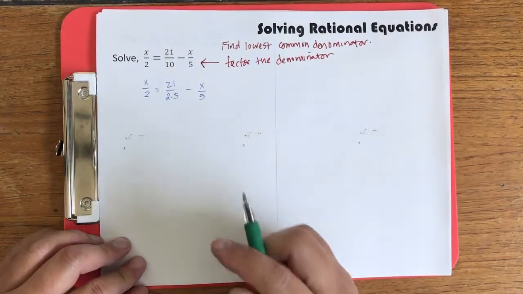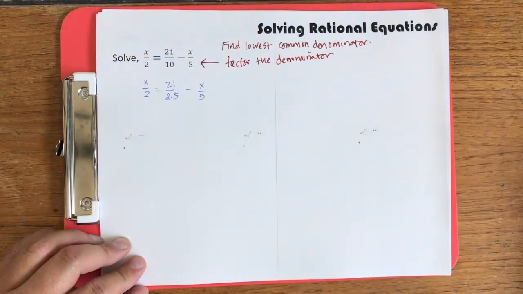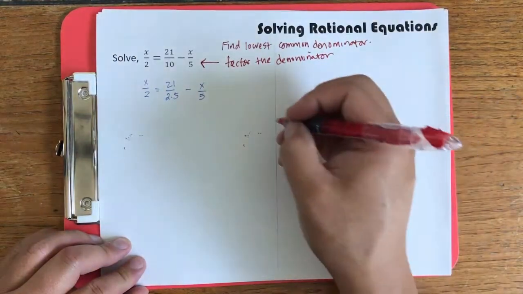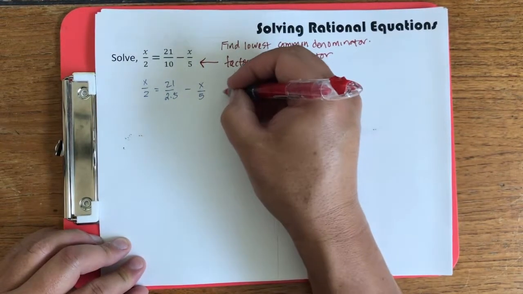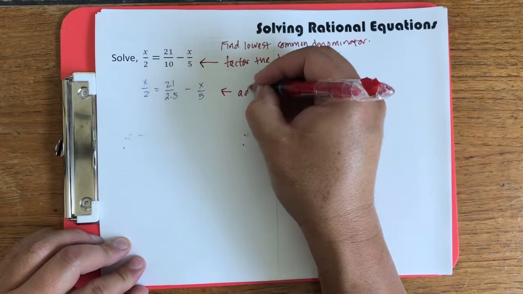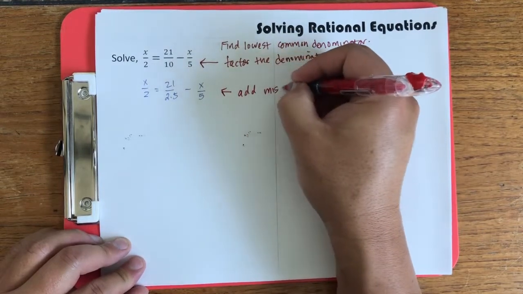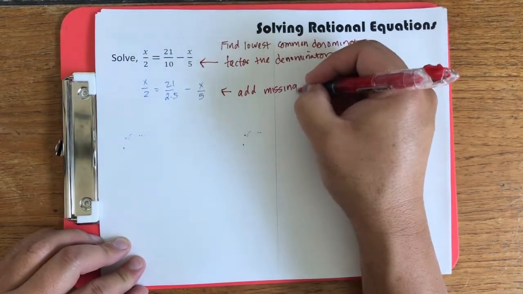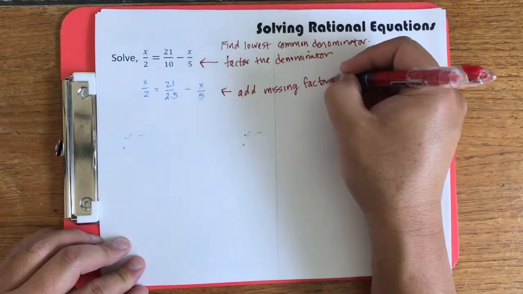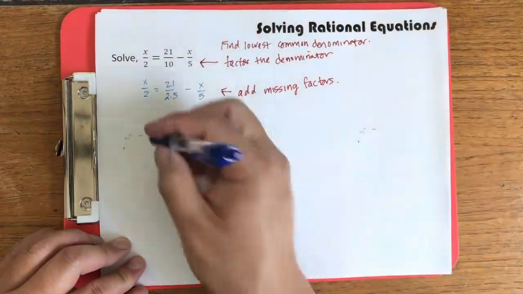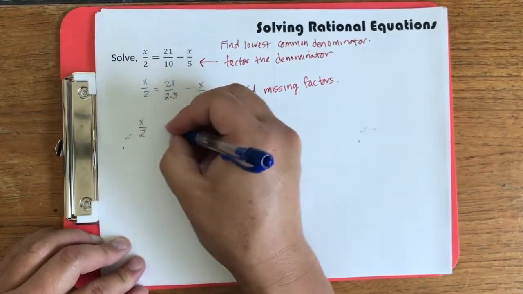Now, in order to find a lowest common denominator, what I want to do next is add missing factors to the denominator. Okay, so we have this problem.